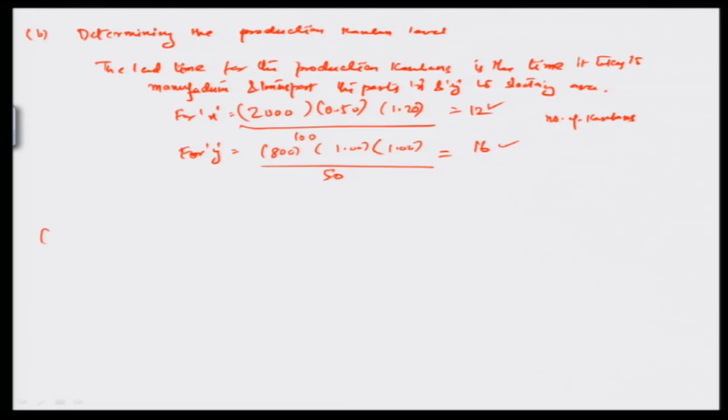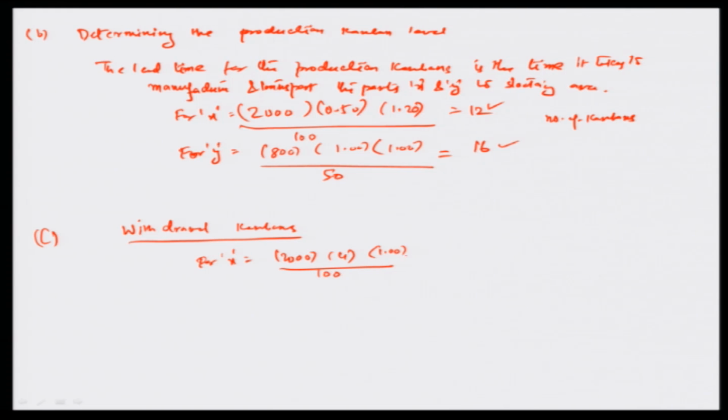So in this particular case the Kanban level will simply bloat up because of this. So the withdrawal Kanban level will definitely be different in this case. So withdrawal Kanbans would now be calculated for X as the demand per unit day, which is about 2000, times the lead time, which is 4, times the policy variable, which was 0% earlier at this stage for X, divided by the container capacity.